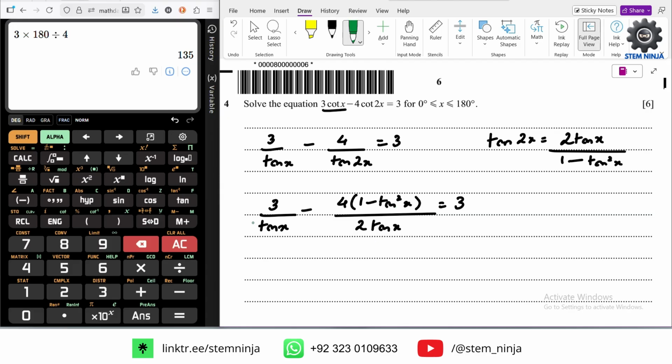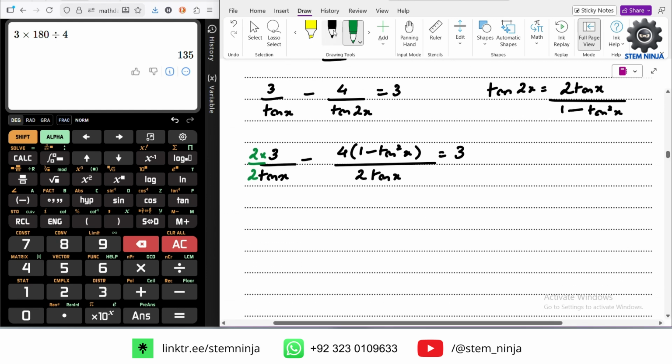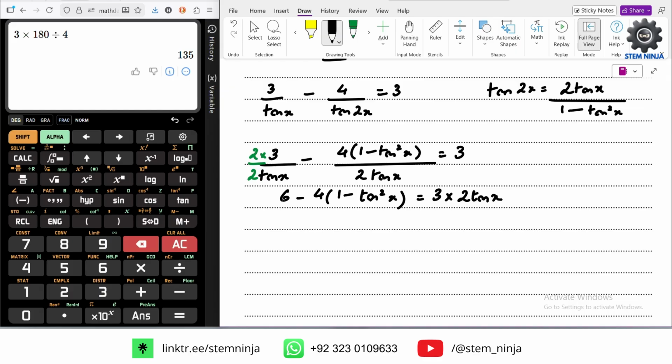Now just to make the denominators the same, you can multiply by 2 tan x on the other side, so 6 minus 4 times (1 minus tan squared x) equals 3 times 2 tan x. This is 6 minus 4 plus 4 tan squared x equals 6 tan x.